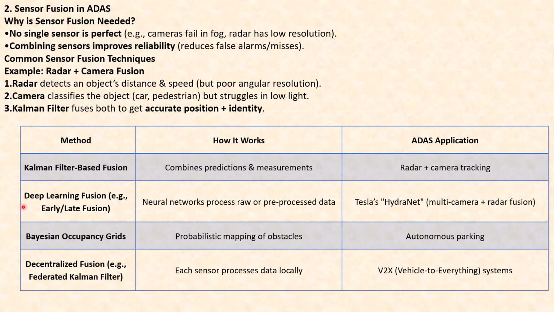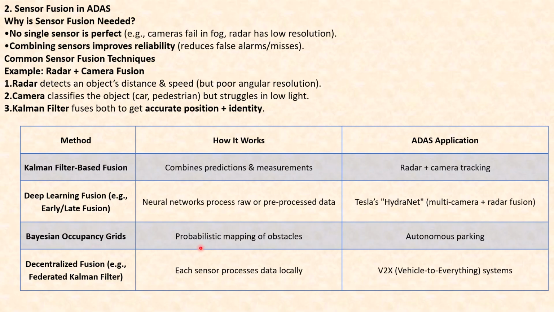Now, when it comes to deep learning fusion, neural networks process raw data or pre-processed data. Tesla's HydraNet is a major ADAS application which uses the deep learning method. Next comes the Bayesian occupancy grids.